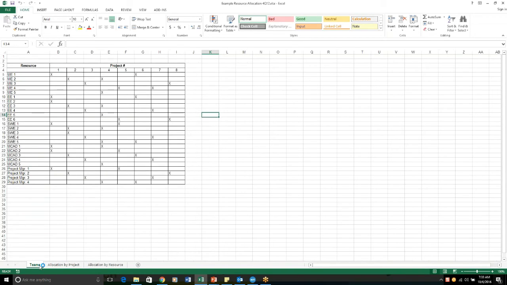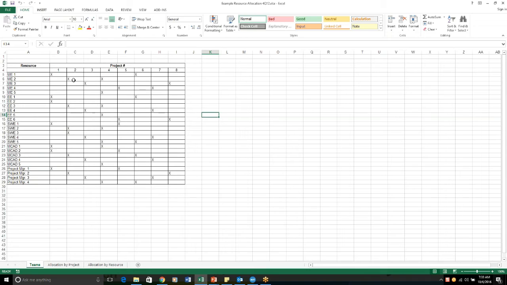Let's go to this worksheet first. The way you typically start out is you've got multiple projects that you're working on or planning for, and you've got your resources down here, your key resources that you really want to try to manage. As project managers, you're thinking about these projects.